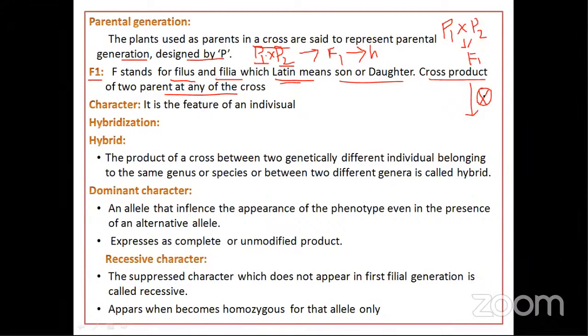What do you mean by selfing? Yes, self pollination. Selfing means self pollination in the sense that we are pollinating with the plant's own flower itself.